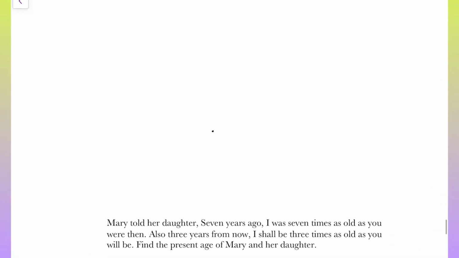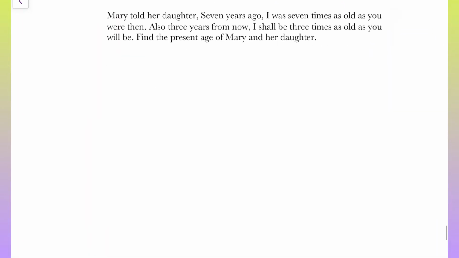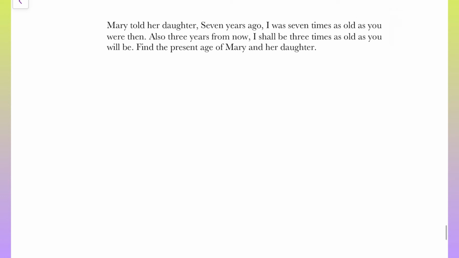Okay, coming to the next one of the very important questions, that is age problem. Mary told her daughter, 7 years ago I was 7 times as old as you were then. So Mary and daughter, 2 persons are there, right?